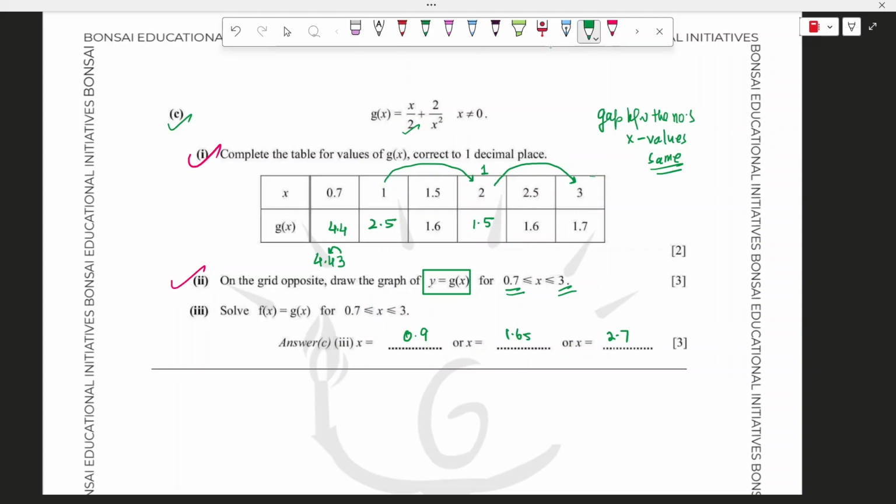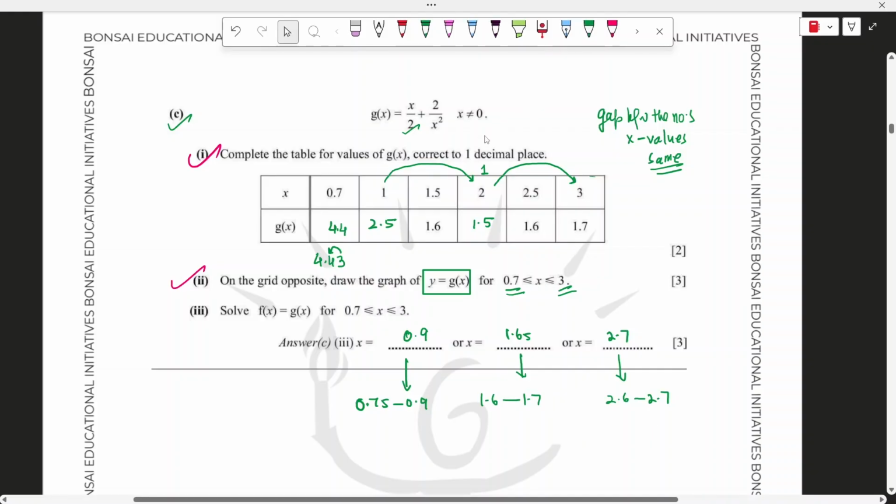For the first number it is like 0.75 to 0.9, for this number the marking scheme is giving 1.6 to 1.7, and for this point the answer is varying between 2.6 to 2.7. So we got all the answers in between the given range. So that is how we deal with the problem of the graphs.